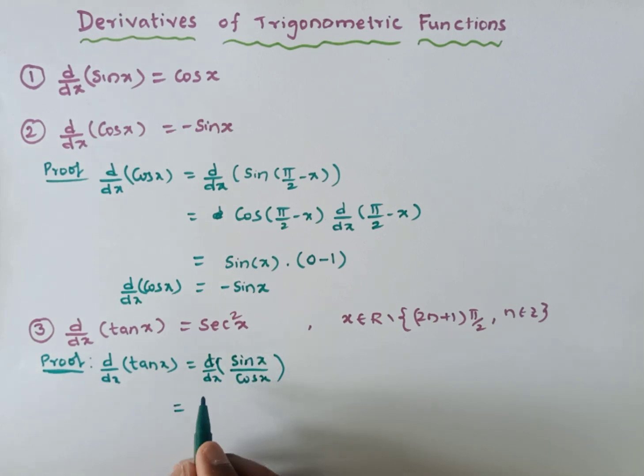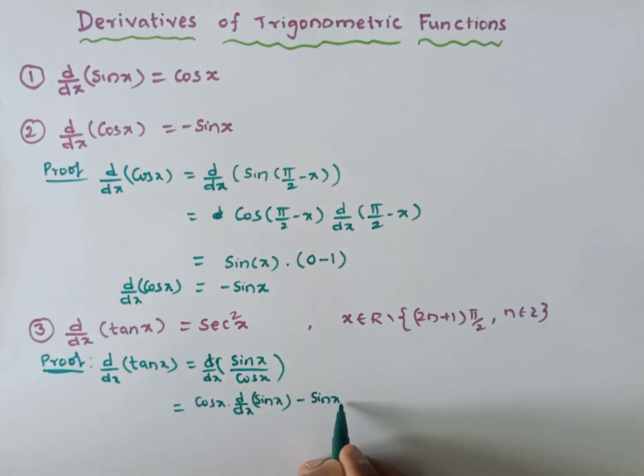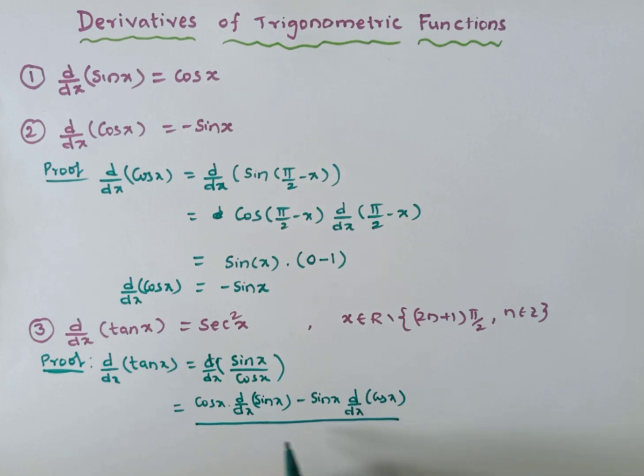So by the u by v formula, it is v into the derivative of u, that is sin x, minus u into the derivative of v, divided by v square.